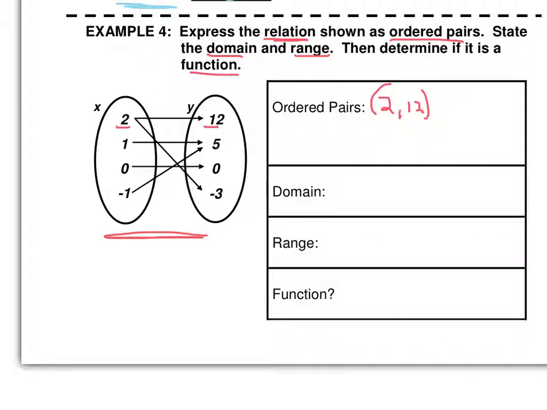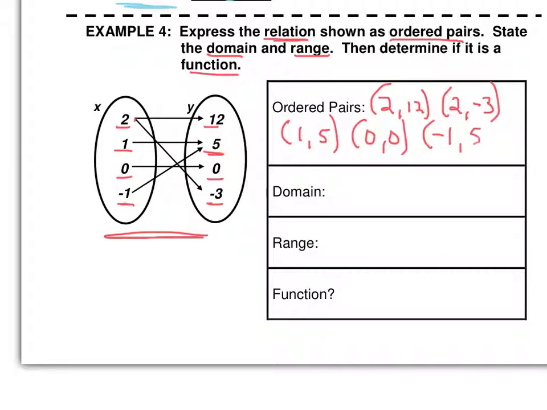And the 2 also goes with this -3, so that would also be an ordered pair. Then 1 and 5. And then 0 and 0. And then this -1 goes with that -5. So -1 and -5. So those are your ordered pairs.